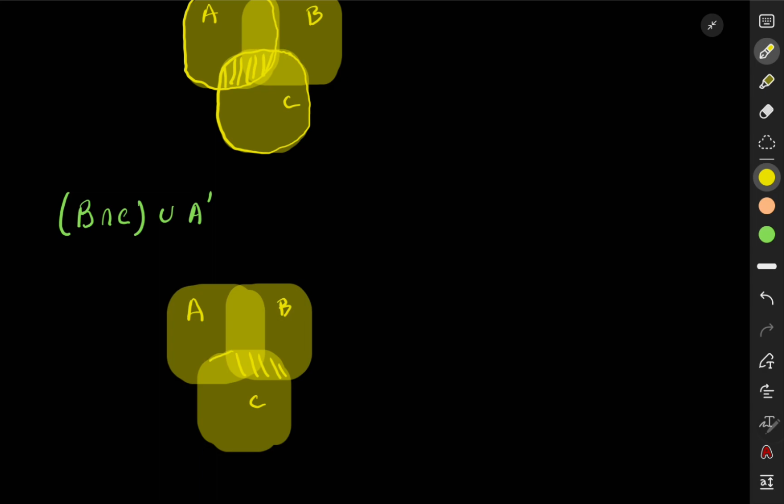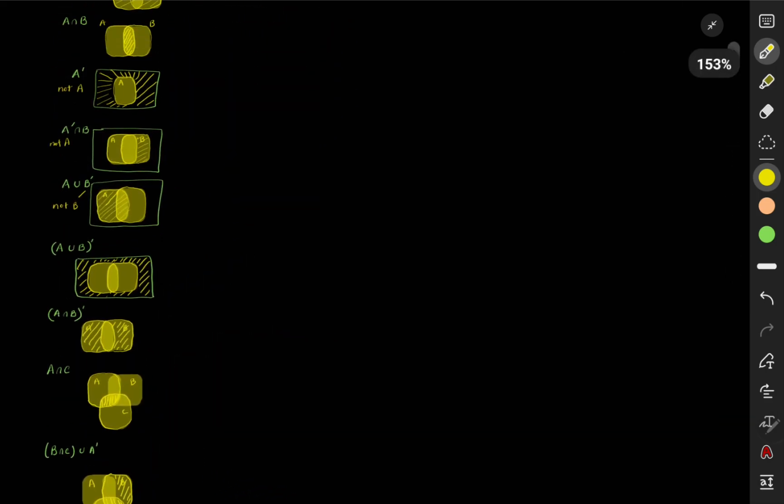This part is the B intersection C part, the common region of B and C. Now the union with A complement. So the region which is outside of A is this one. So this is the region which is outside A. So this is all about how to show sets with Venn diagram.